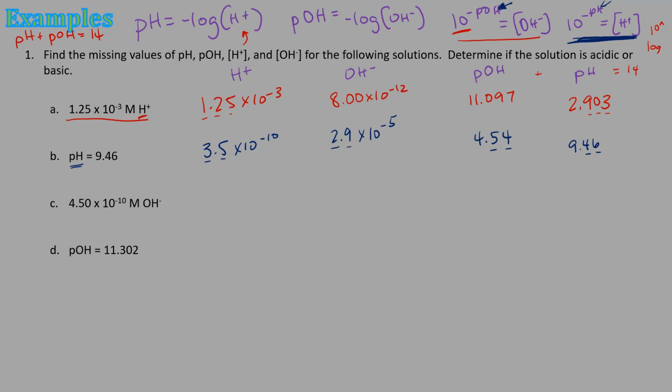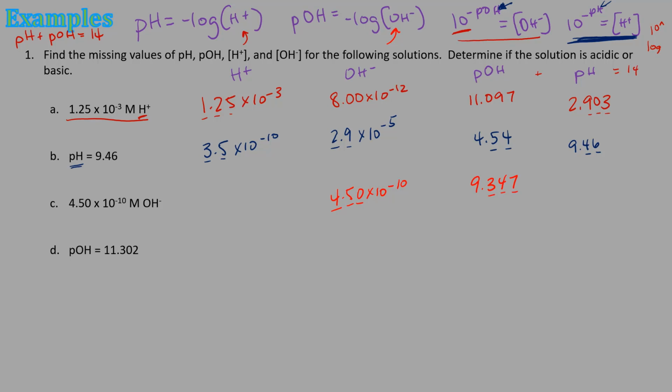And then next, I have 4.5 times 10 to the negative 10th molar hydroxide. And so I'm going to find the pOH first. I'm just going to plug in my hydroxide into that equation, negative log of this, and I will end up getting 9.347. Again, this one has 3 digits, and so for the logarithms, you should have 3 digits after the decimal.